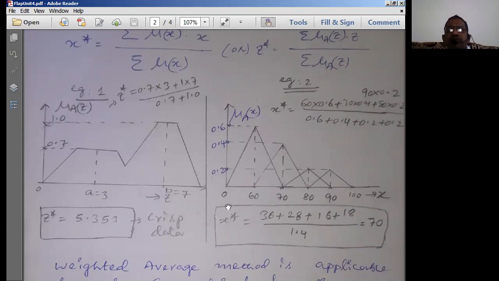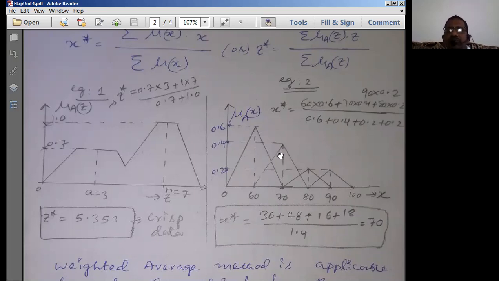So the crisp value is equal to what I can write now. 60 is the maximum element value. So the element value where we got a maximum, the membership value is going to be 0.6. So 60 into 0.6 plus 70 into 0.4 plus 80 into 0.2 plus 90 into 0.2 by the sum of its membership values.